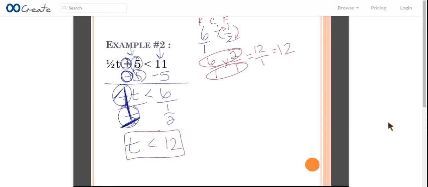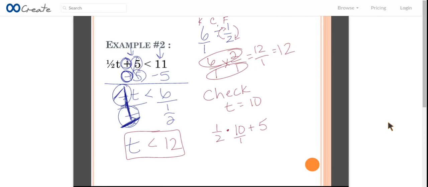All right, so let's think about this. t is less than 12, so let's do a check and say, what if t was equal to 10? So 1/2 times 10 plus 5. Again, I'm going to put 10 over 1.